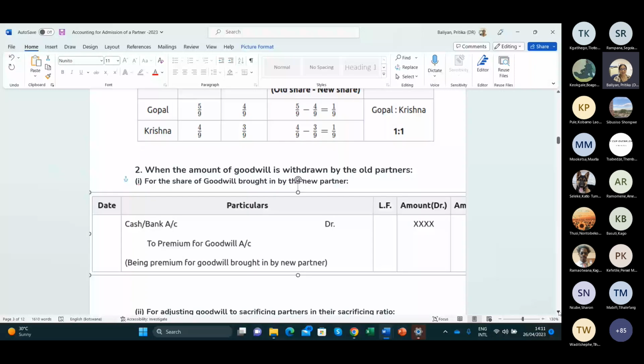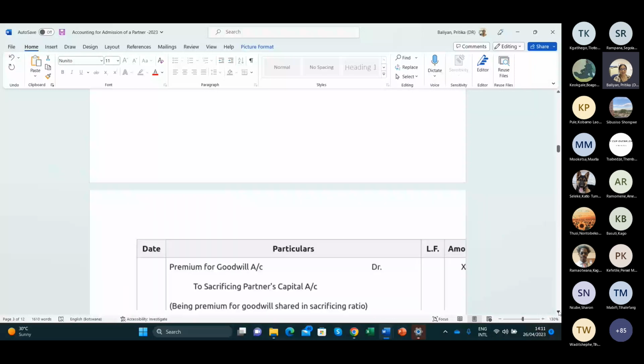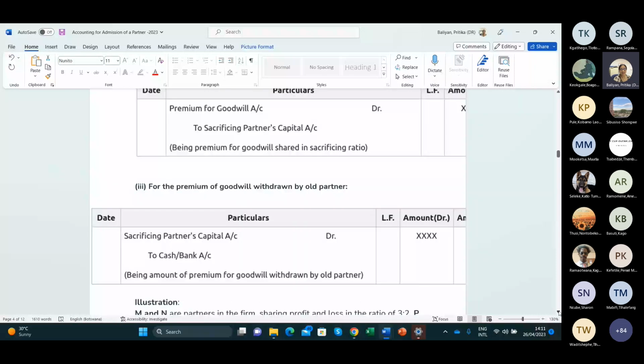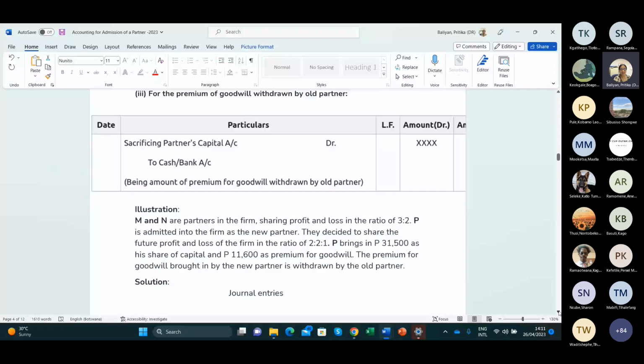Then you do not need to pass all the ledger entries and trial balance, because it affects only goodwill. Goodwill is an asset, and the capital which is brought by the new partner is only recorded in the balance sheet.